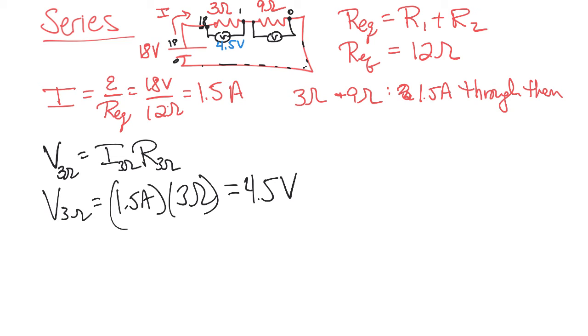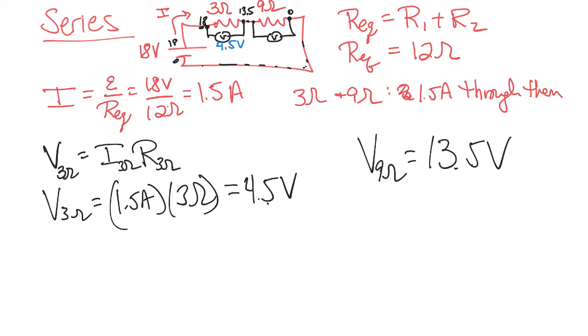So right here is 13.5 volts. So what's the voltage drop across the 9 ohm? Well, it's 13.5 minus 0. So the voltage across the 9 ohm should be 13.5 volts. 13.5 volts plus 4.5, 18.